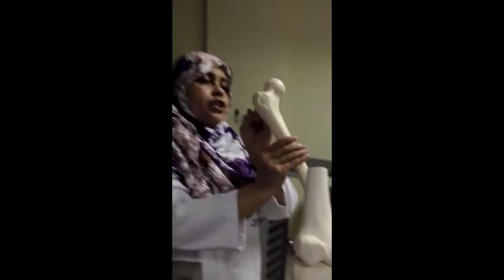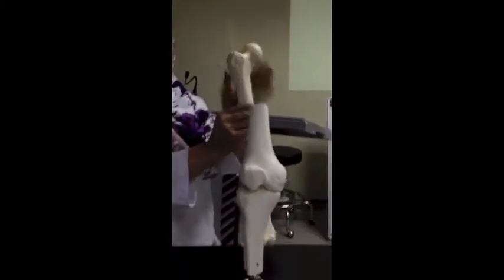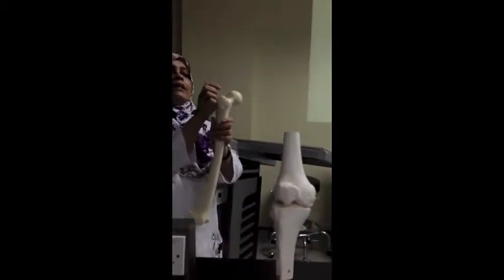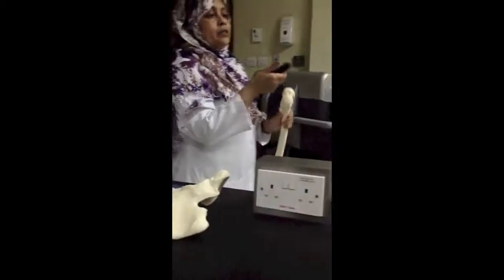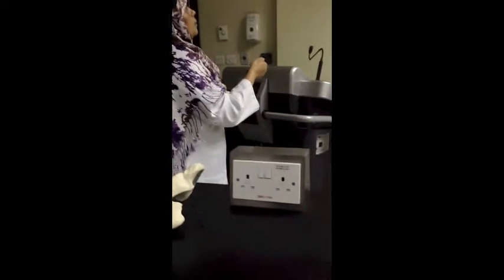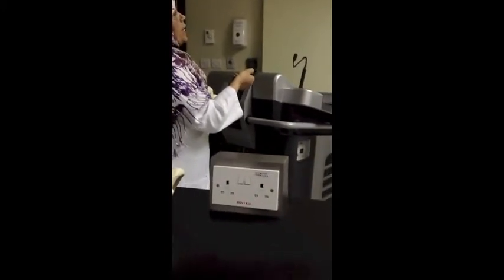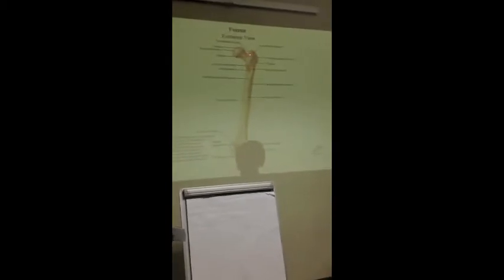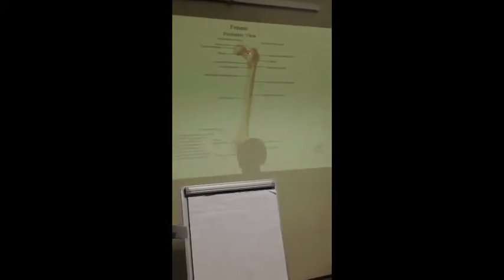Is this from the posterior aspect? No, this is the anterior aspect. Yeah, this is the posterior aspect, inside on the medial surface of the greater trochanter. It's called the trochanteric fossa. Yes, you see here, this is the trochanteric fossa.